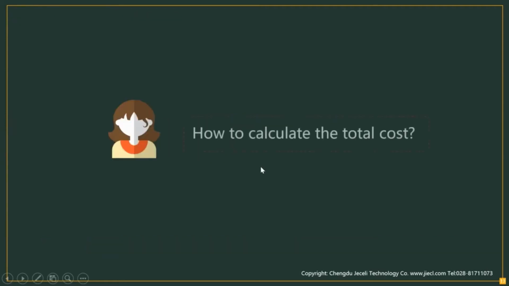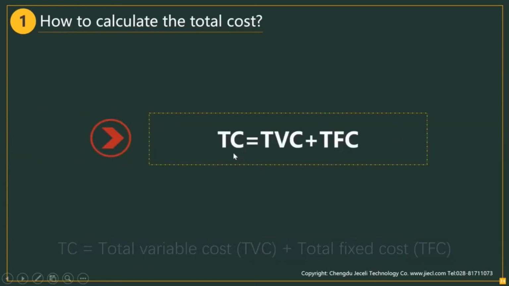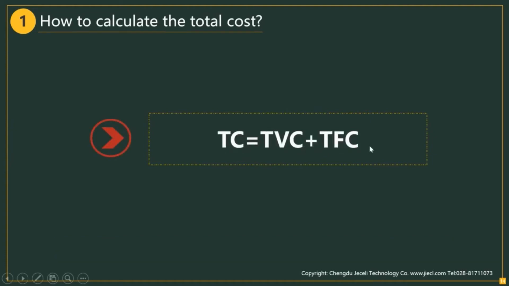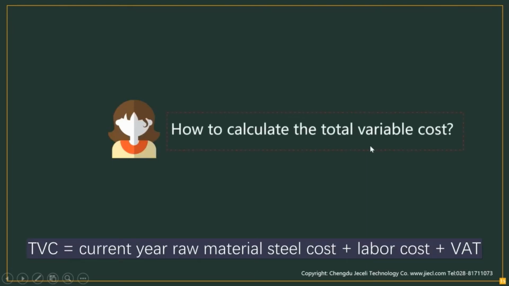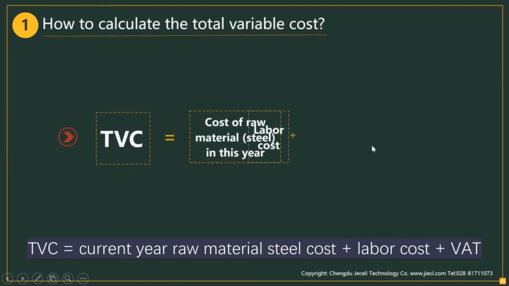The formula for calculating total cost is TC is equal to total variable cost, TVC, plus total fixed cost, TFC. How to calculate the total variable cost? TVC is equal to current year raw material steel cost, plus labor cost, plus VAT.